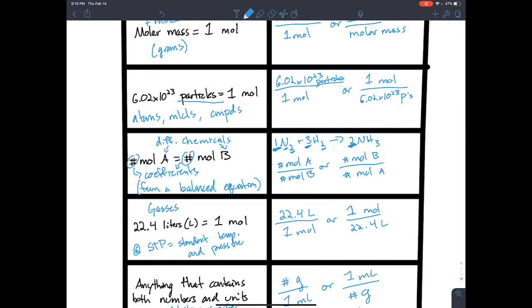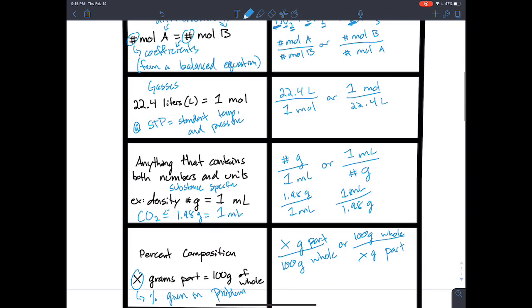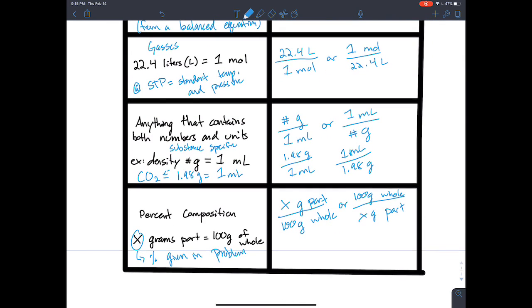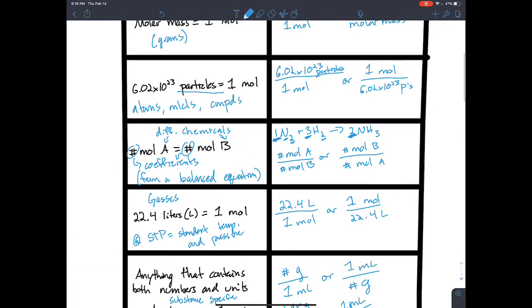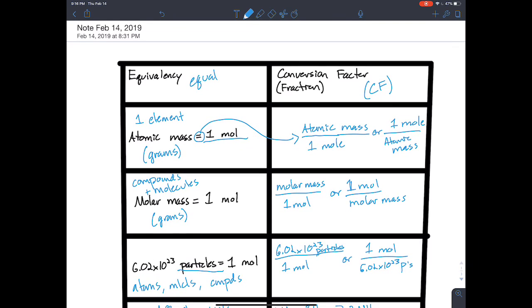Ratio, if you know a ratio that's consistent, you know how many moles of this you have per moles of this, or how many moles of this it takes to produce a moles of this, etc. The gas law, converting between something like grams and milliliters, between mass and volume. Okay, so conversion factors. We're revisiting this a little bit, and we're going to get into using this a lot in the equations that come up.